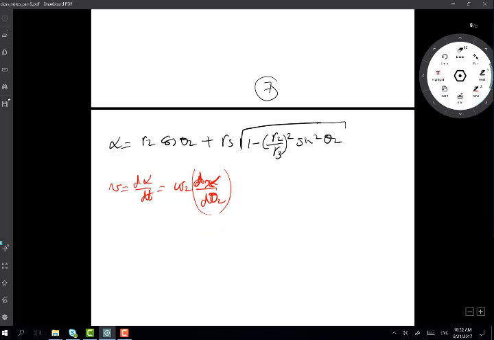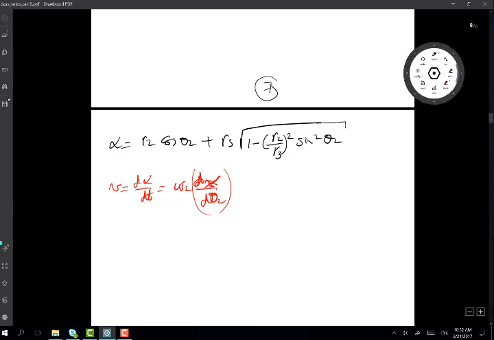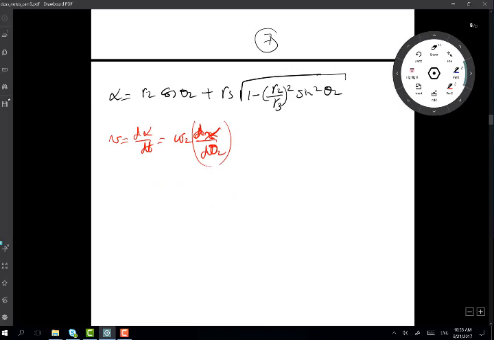And then this derivative, let's find another color to do the derivative, then v will be equal to omega 2, and let's differentiate inside. Cosine will give me a negative sine, so negative r2 sine theta 2, and over here I have r3. I need to differentiate this term, which is a square root.